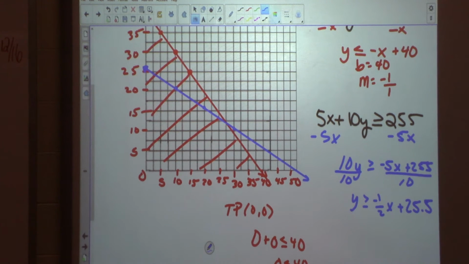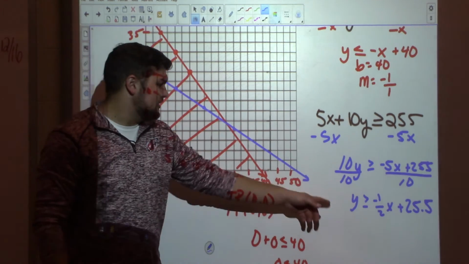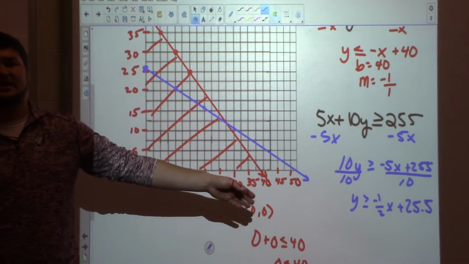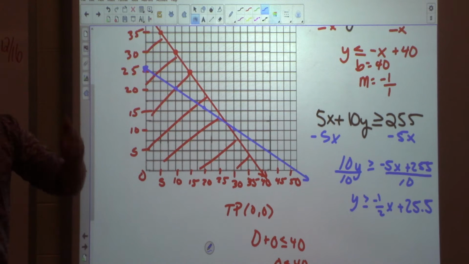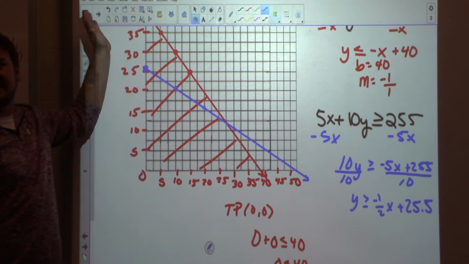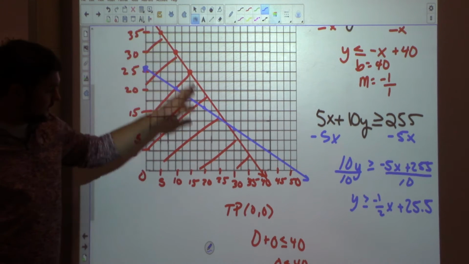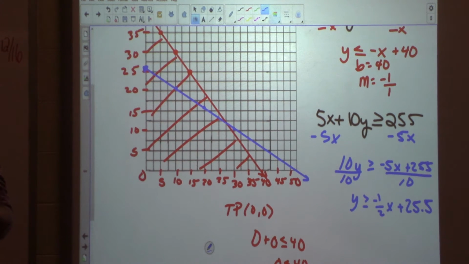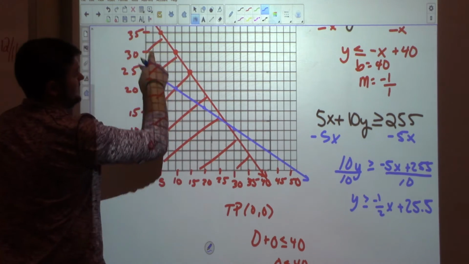So if you keep your lines going, you're going to get to negative y values and negative x values. It's like Aiden said, it's going to stop here because it can't go negative for x values. Or if you go down, it can't go negative because you can't have negative hours worked. It doesn't make any sense. So if you just put them to the end of the graph, I'm perfectly okay with that.